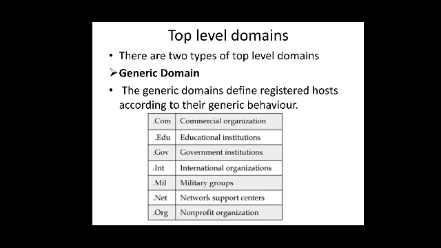Maybe I want to sell products or services, but at the end of the day I want to make a profit. So for companies which are commercial and want their own website, the top level domain will be .com.